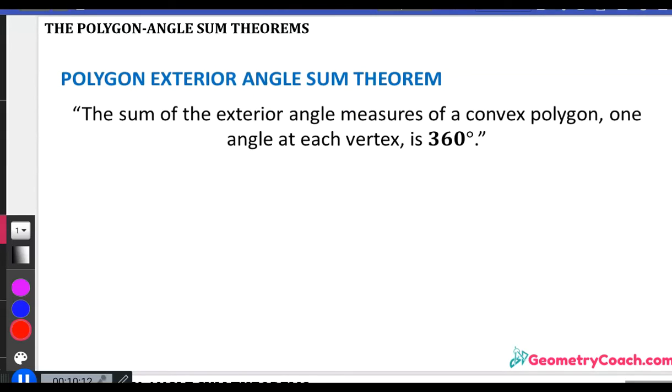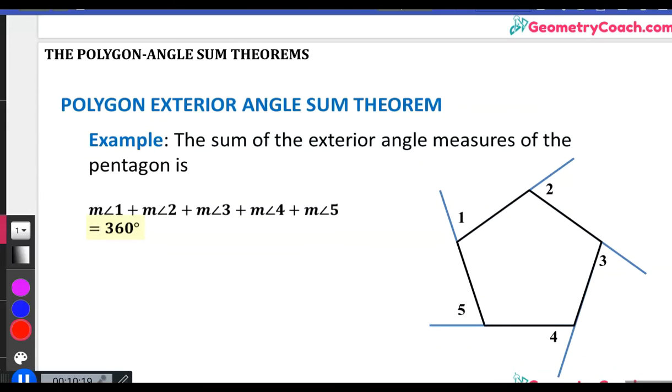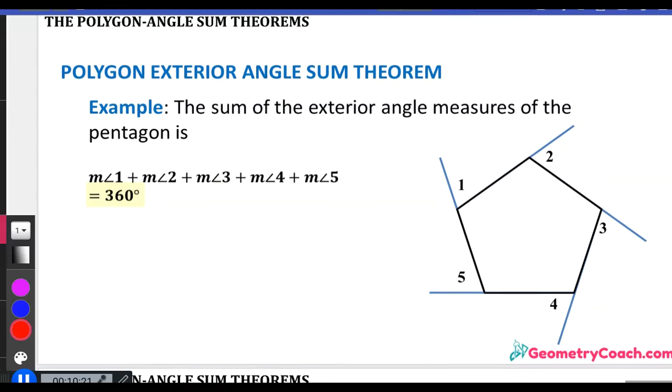This one we figured out. The exterior angle sum is always 360 degrees. It looks like the answer is already right there. What is the sum of the exterior angle measures of a pentagon? 360 degrees. So I'm going to ask you the next question. What is the individual exterior angle?